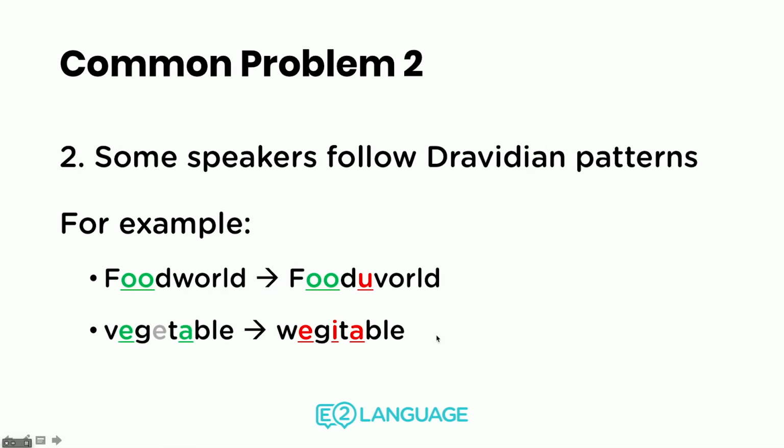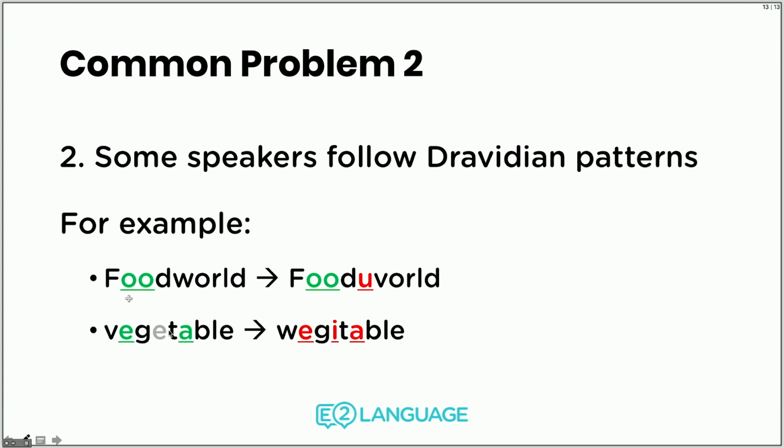The second common problem for Dravidian speakers is that, of course, and this is very natural, you follow your Dravidian speaking pattern. So apparently there's a popular supermarket in the south of India called Food World, but a lot of Dravidian speakers say Fooda World, and this little vowel sound all of a sudden gets inserted between the d and the w sound there.